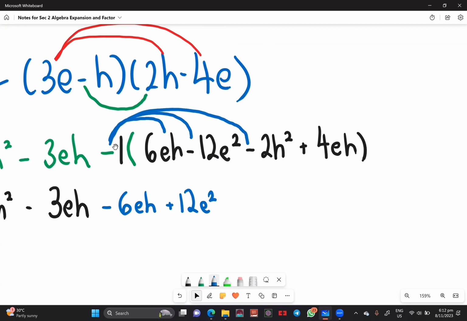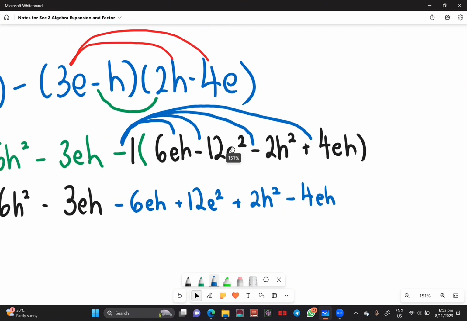When I do negative 1 times 2h squared, I will get positive 2h squared. And finally, I draw my last arrow, okay? Negative 1 times 4eh, I will get negative 4eh. So this will change your answer dramatically. I say that again, this will change your answer dramatically, okay?